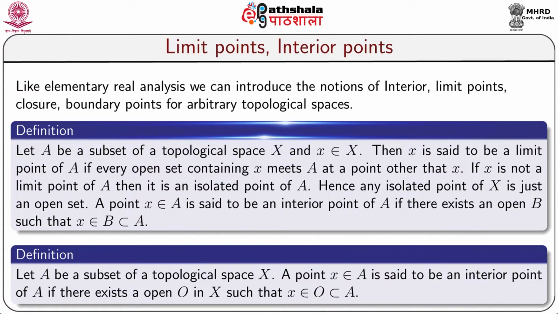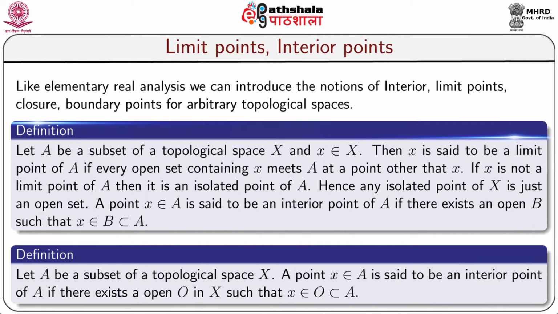For example, in the usual topological space R, every real number is a limit point of the set of rational numbers, and every real number is a limit point of the set of irrational numbers. In an arbitrary topological space, a point which is not a limit point will be called an isolated point.